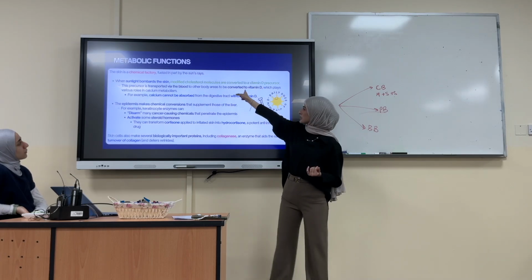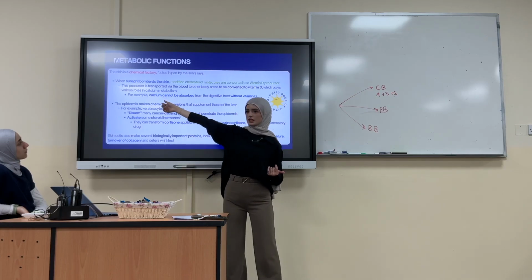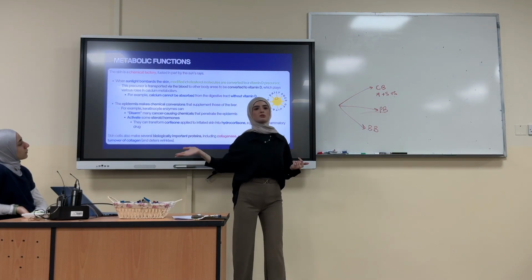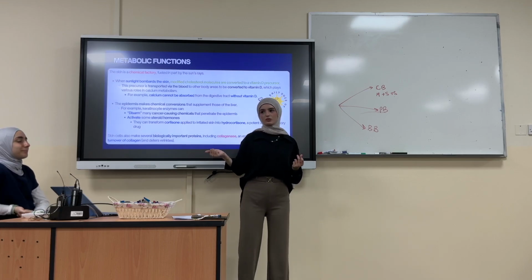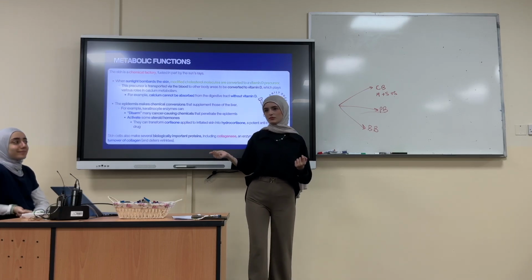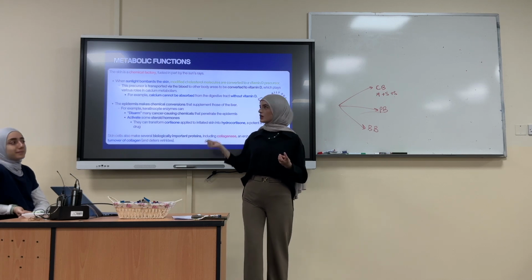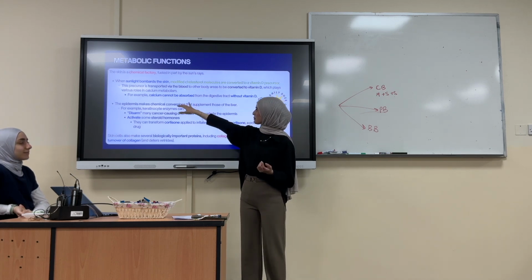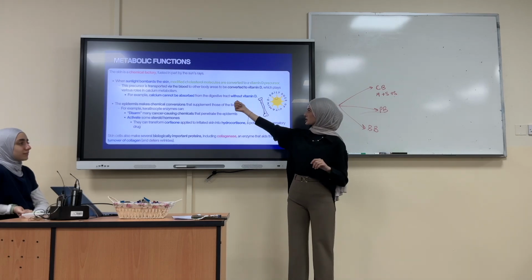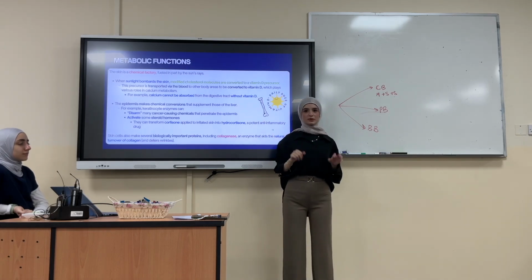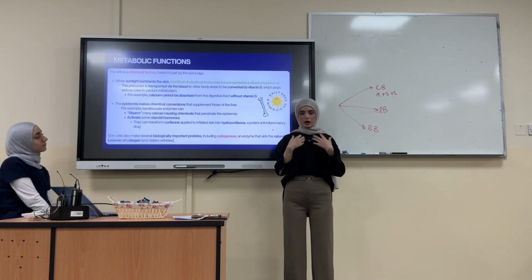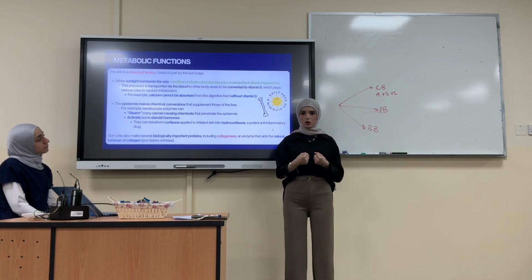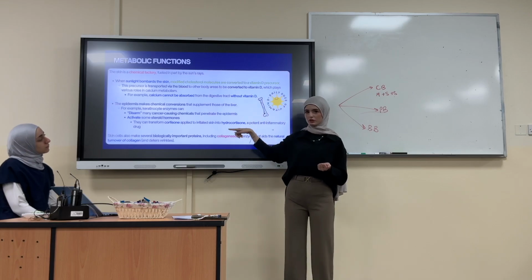Vitamin D plays various important roles in calcium metabolism. What is an example of one of them? Bone formation. Calcium cannot be absorbed from the digestive tract without vitamin D, so we need vitamin D for that.